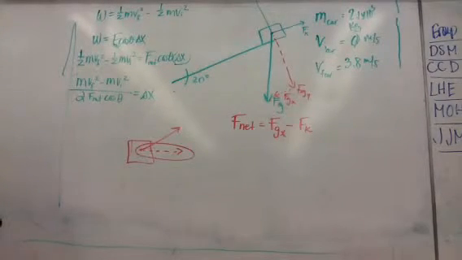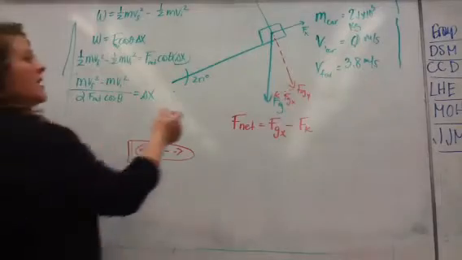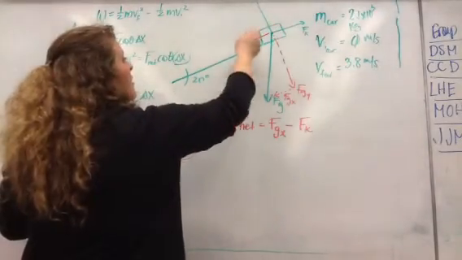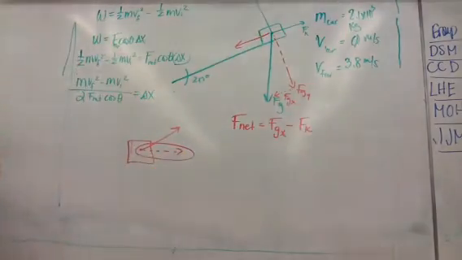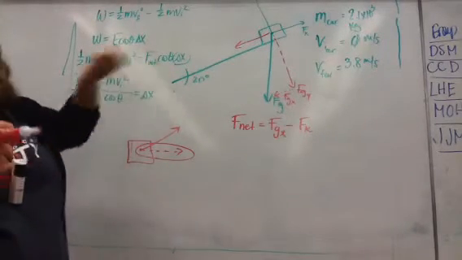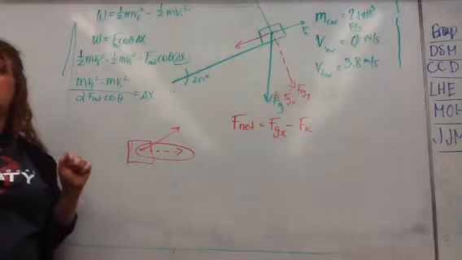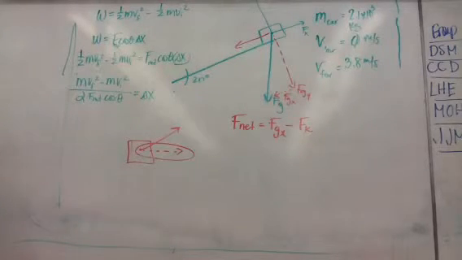Other questions on this? Pardon? Okay, so that's a good question. What is the theta that we're concerned with here? Theta here is the angle between the net force and the motion of the object.